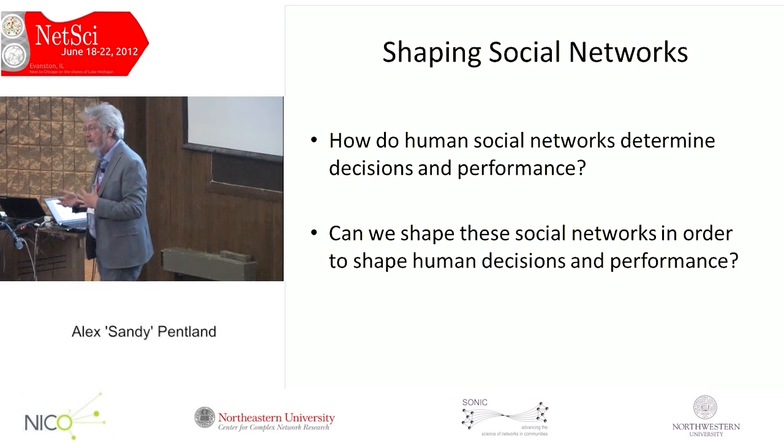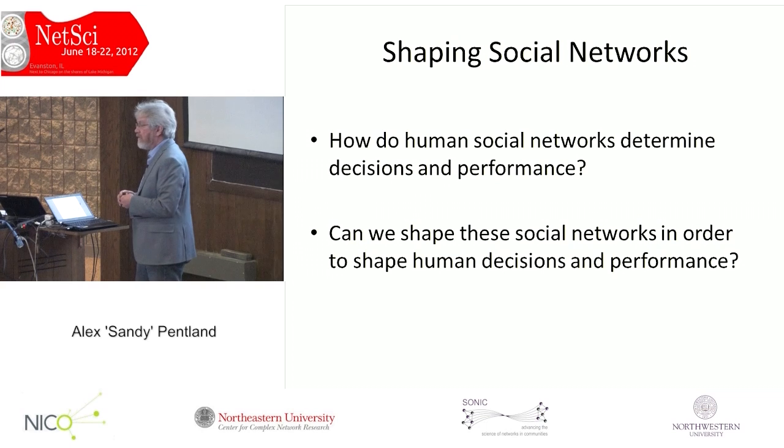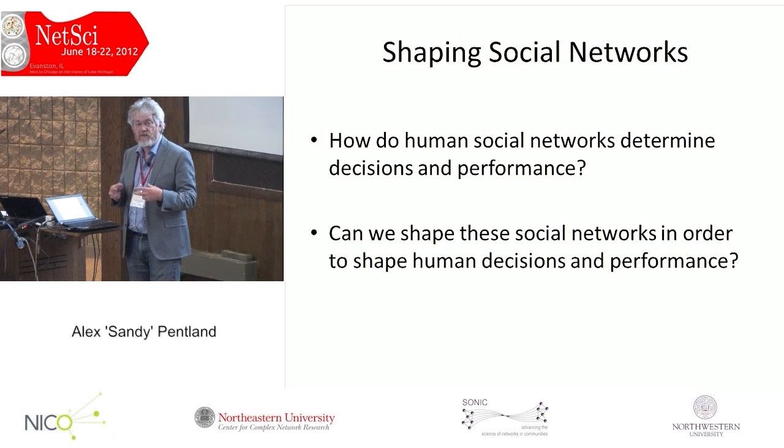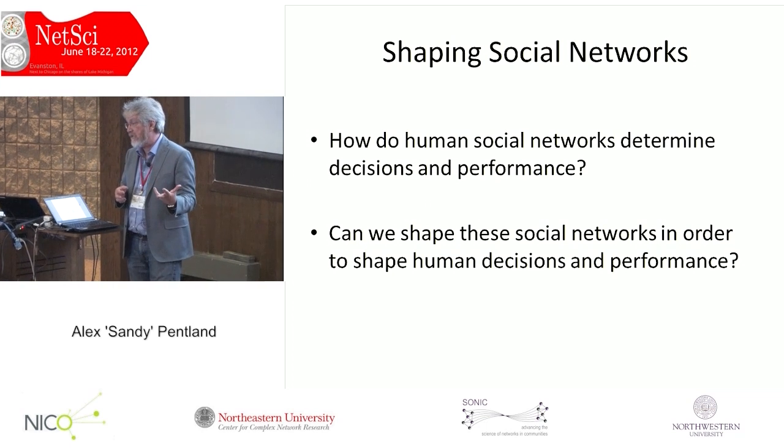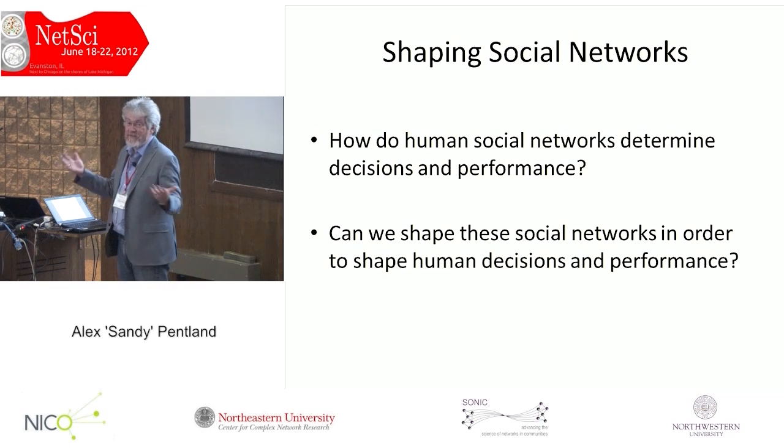That's the stuff I'm going to mostly look at. And then the question of how we can shape these networks to derive better performance and better decisions. In the context of the previous speakers, I'm doing just what they try to do, but with humans rather than fish.